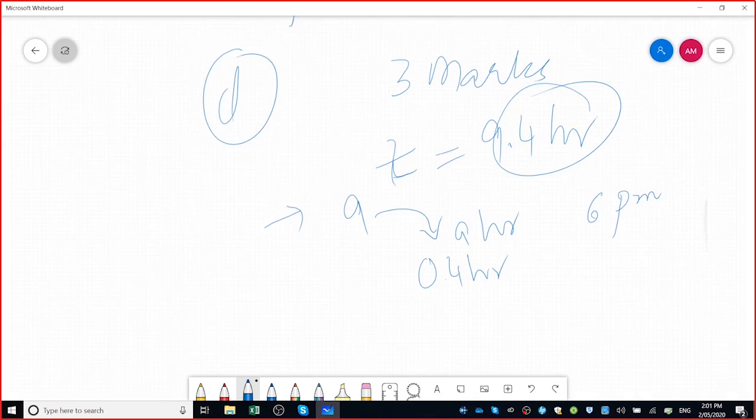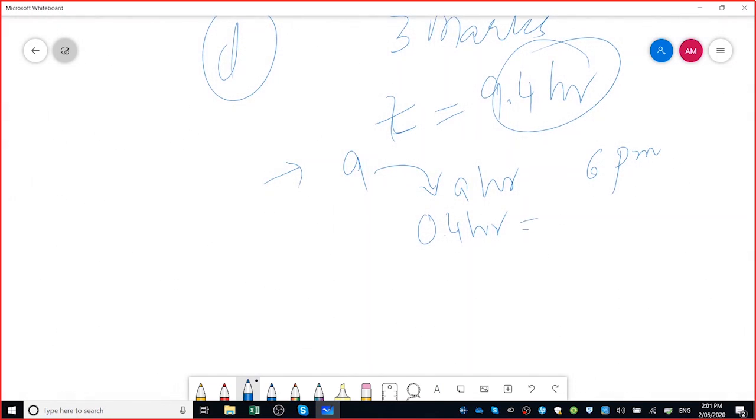Is it 24 minutes? Yeah, good, because 0.4 hour is equal to 0.4 times 60, and that means it is 24 minutes.